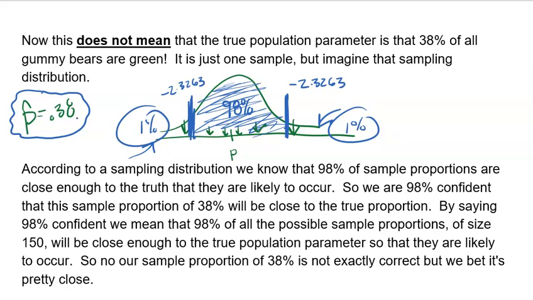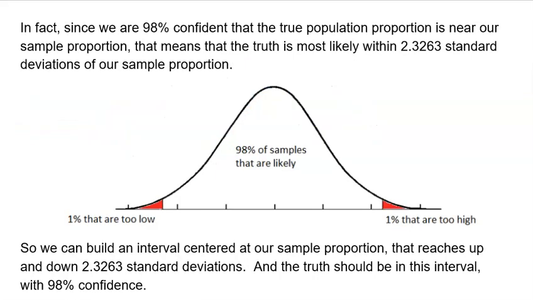The fact that if this sample was truly random, you know where it should fall? Somewhere in the middle. So in fact, we are 98% confident that the true proportion is near our sample proportion. That means that the truth is most likely within 2.3263 standard deviations of our sample proportion.